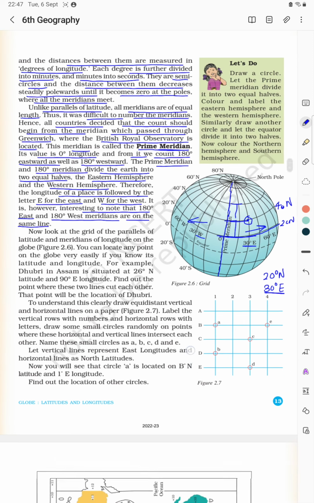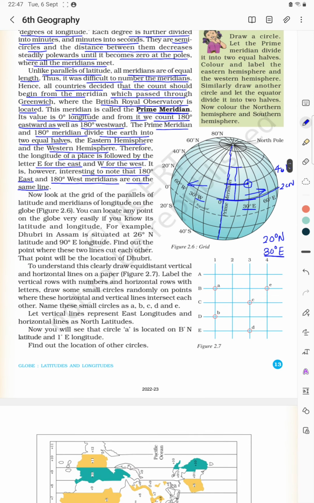You can try calculating the location using a grid pattern. Suppose they have made a grid where the horizontal lines represent the latitudes A, B, C, D, E. These represent degrees. So these horizontal lines represent latitudes, and these vertical lines 1, 2, 3 represent meridians of longitude.